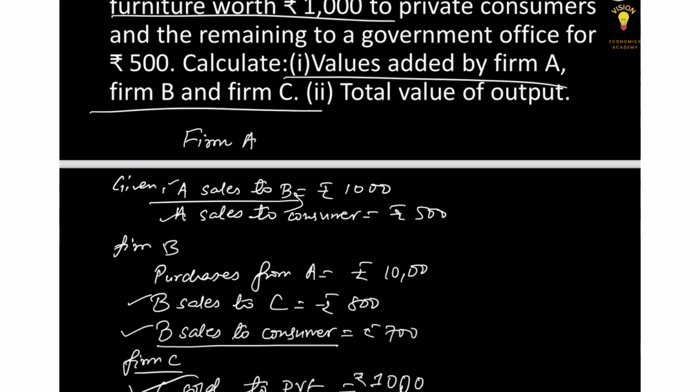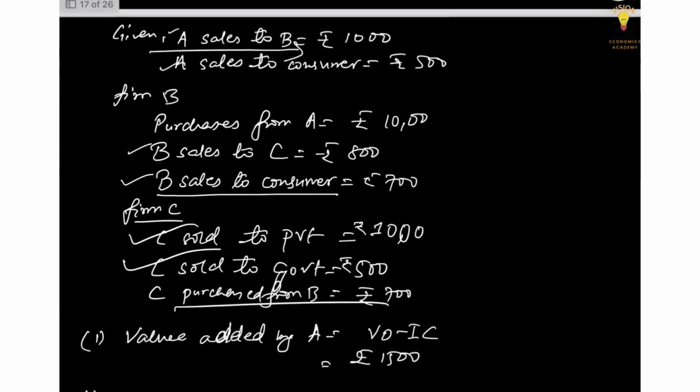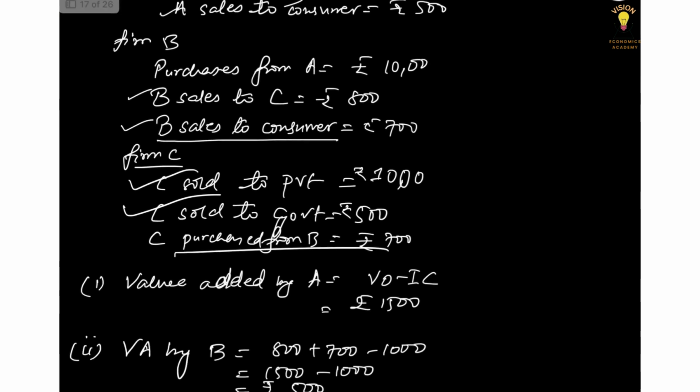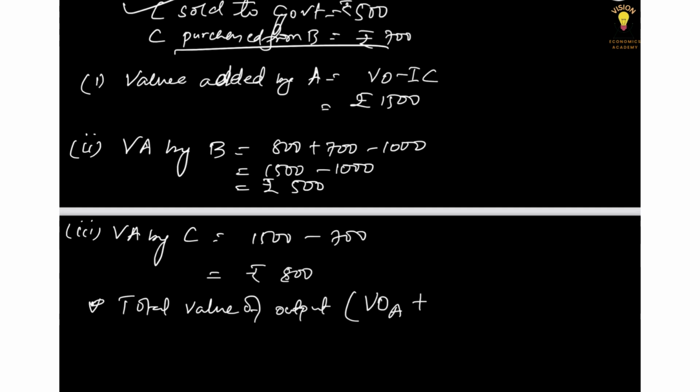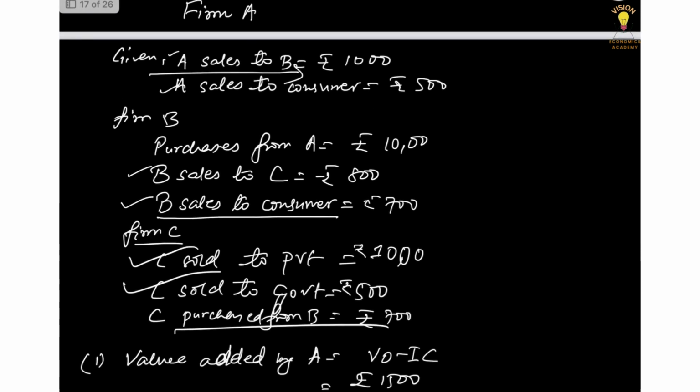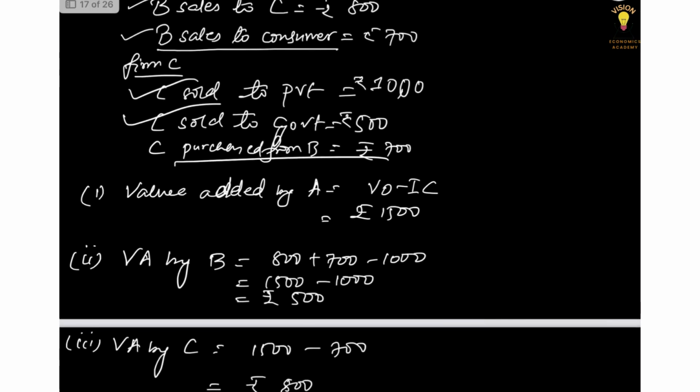Then total value of output, if you have to find, we add value of output from A, B, and C. So total value of output, that is value of output of firm A plus value of output of firm B plus value of output of firm C. That is all the sales, right?